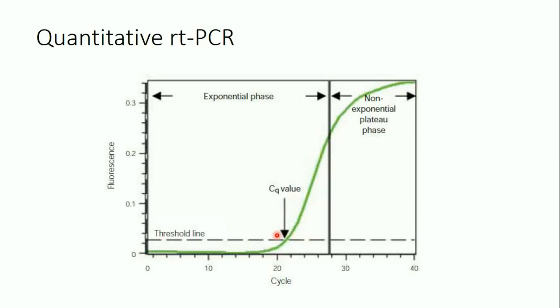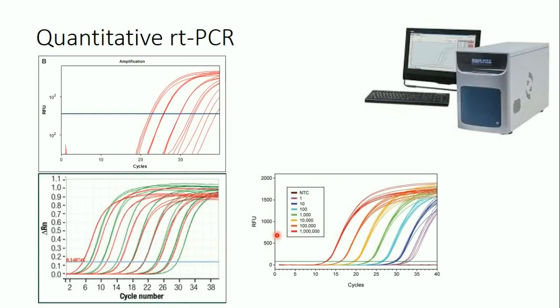Why is it so important? If you see here, the CT here is somehow 22, at cycle number 22, but here it's at cycle 31. What you're seeing is that the fluorescence coming out of the sample at first is minimal, and then as PCR goes on, it starts to increase.